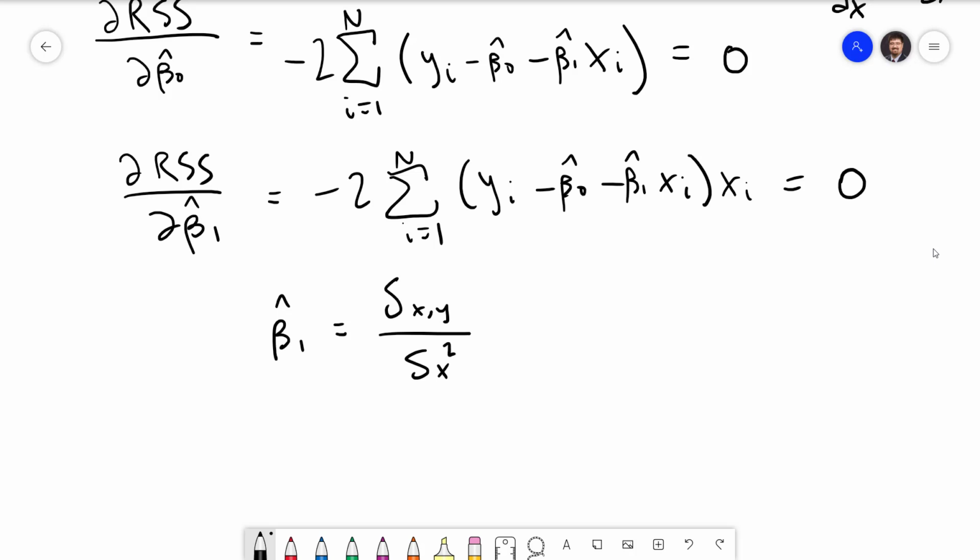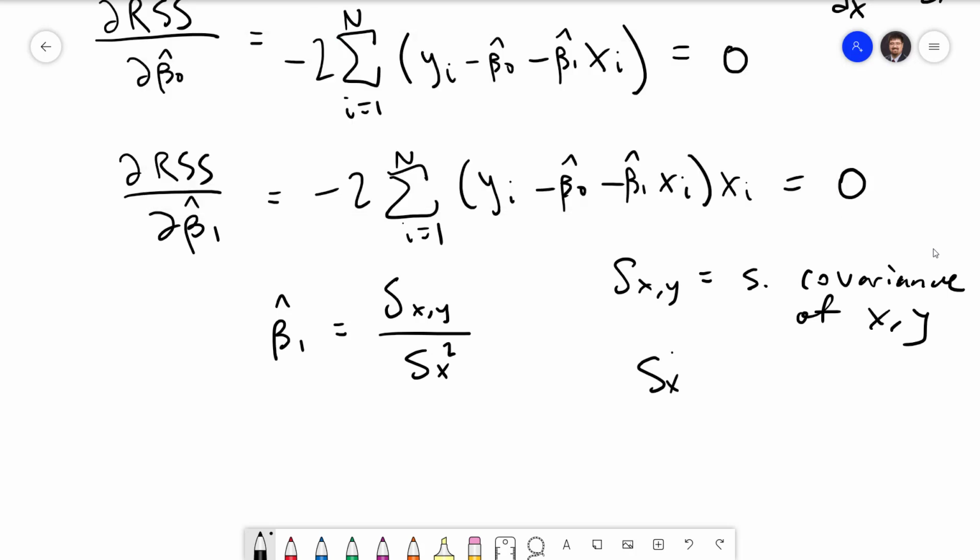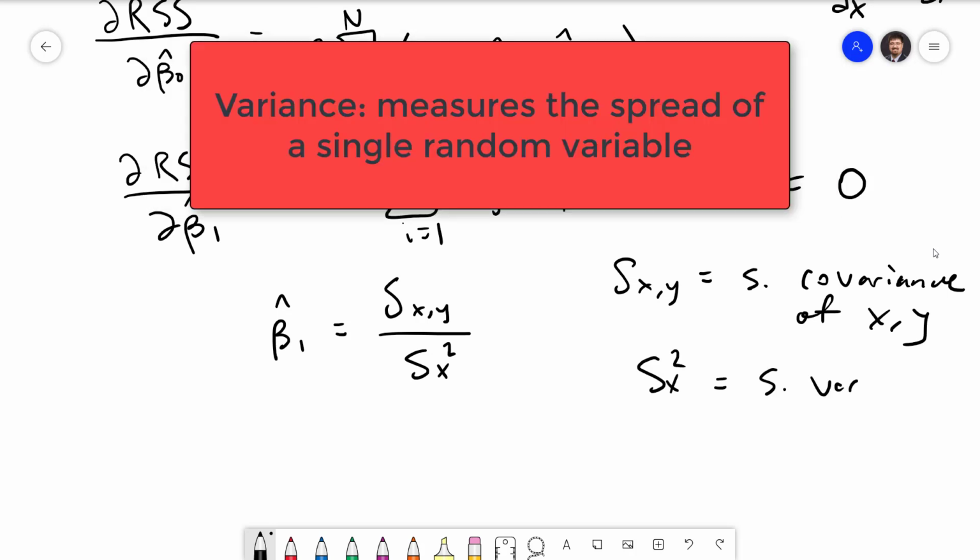So what do these things mean? S_xy is the sample covariance of x and y, and S_x squared is the sample variance of x. These are things that we can use Excel to calculate for us, which we'll do in a minute.